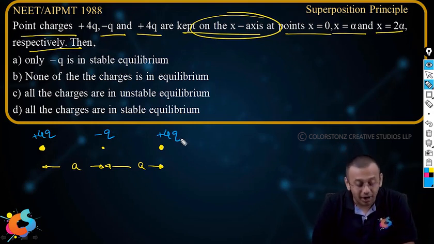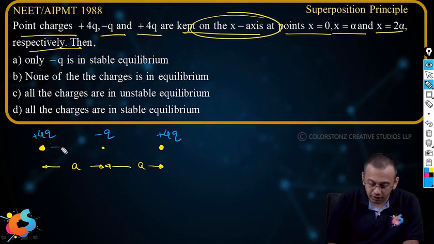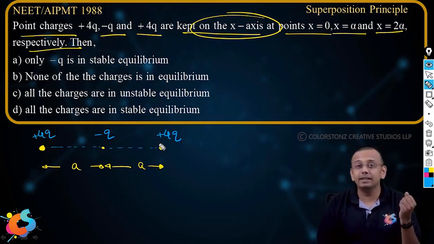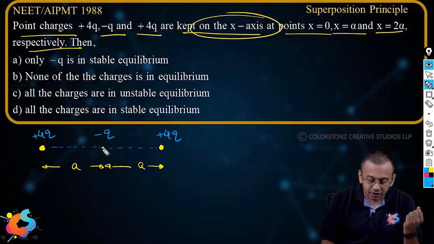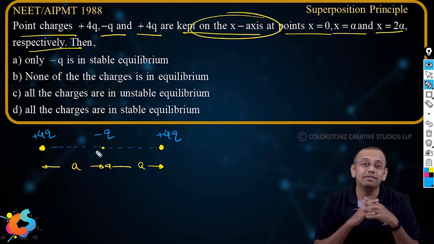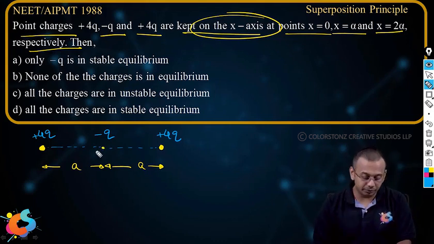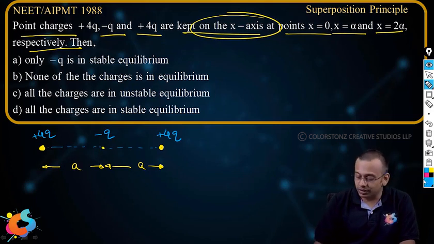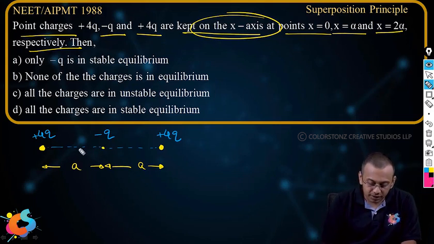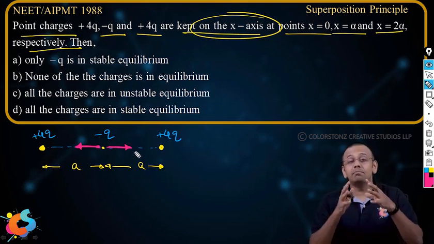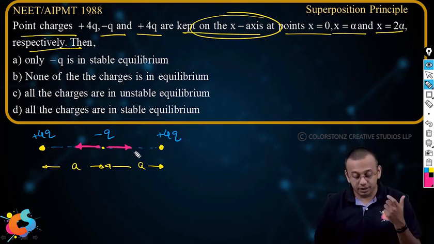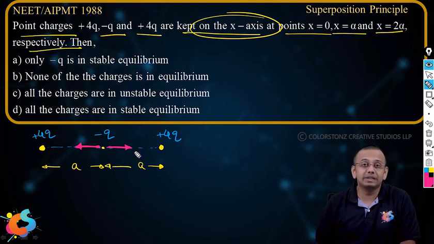Right now, because of the data given to us, we can clearly see that the minus q charge will definitely be in equilibrium. Just look at the forces. The force from plus 4q will be an attractive force to the left. Due to this plus 4q also, it will be attractive. Since the magnitudes are the same, the forces are also the same.